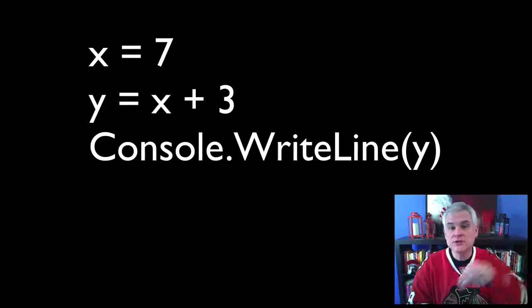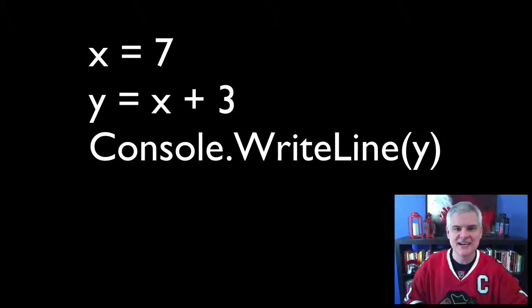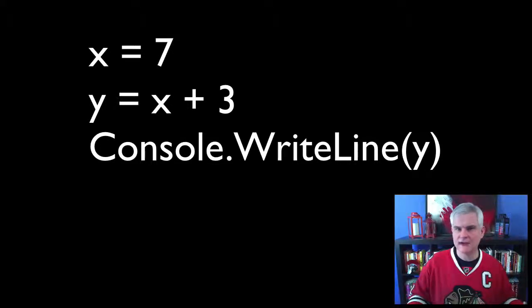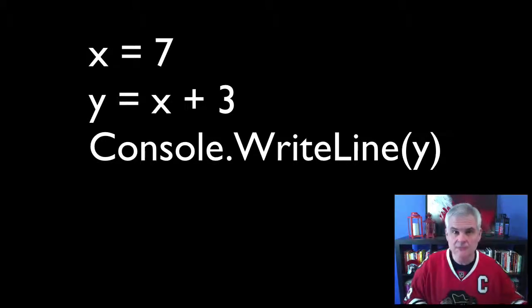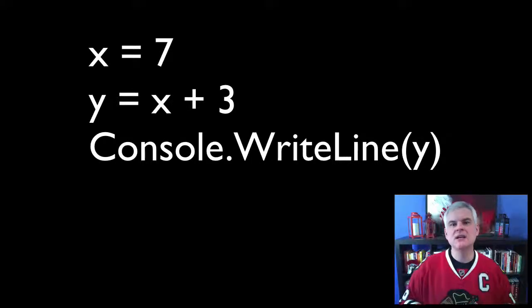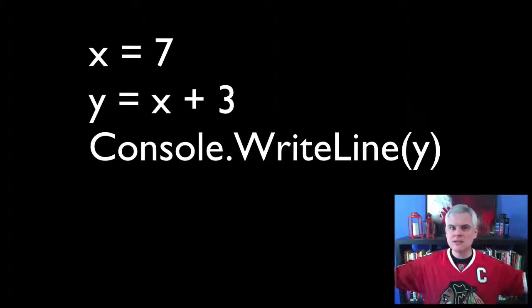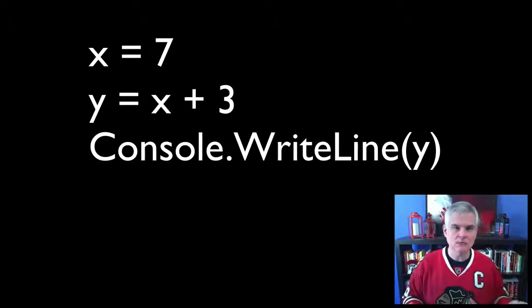You can put new stuff in the variable, new stuff in the bucket, to cover up the old stuff. So in this case, these buckets are just holding numeric values, but you can create buckets that are just the right size to hold dates and times, or strings like long passages of text like "hello world," or really big numbers, or numbers that are after the decimal point, and a lot more.